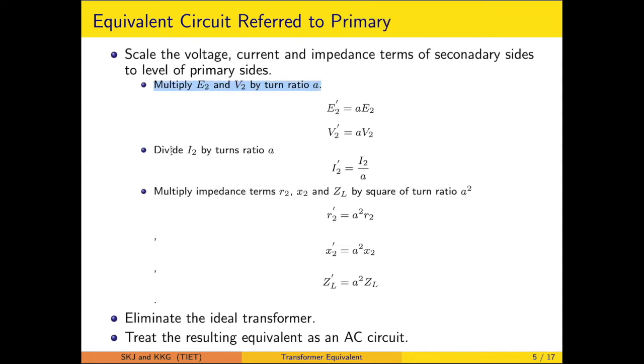The secondary current is divided by the turns ratio, as has been explained previously. We will multiply the impedance terms of the secondary, R2, X2 and ZL, by the square of the turns ratio. With this process, the parameters will be at the same voltage level, and thereafter we will be able to eliminate the ideal transformer as mentioned previously. Then the resulting circuit can be analyzed as an AC circuit.